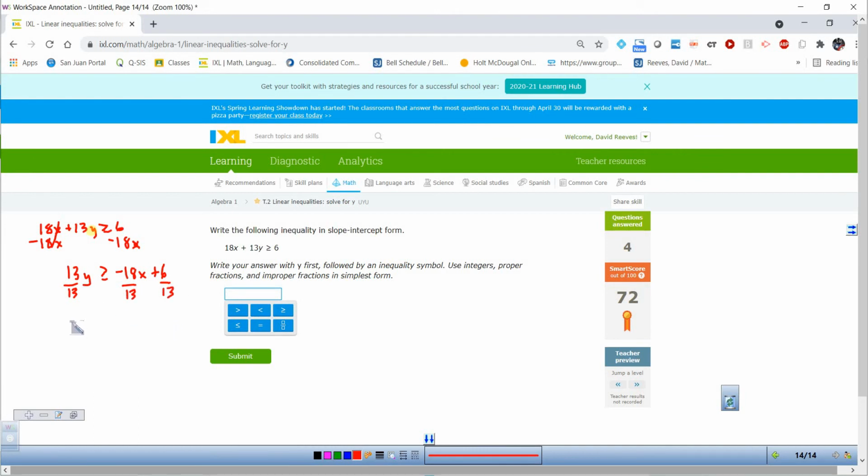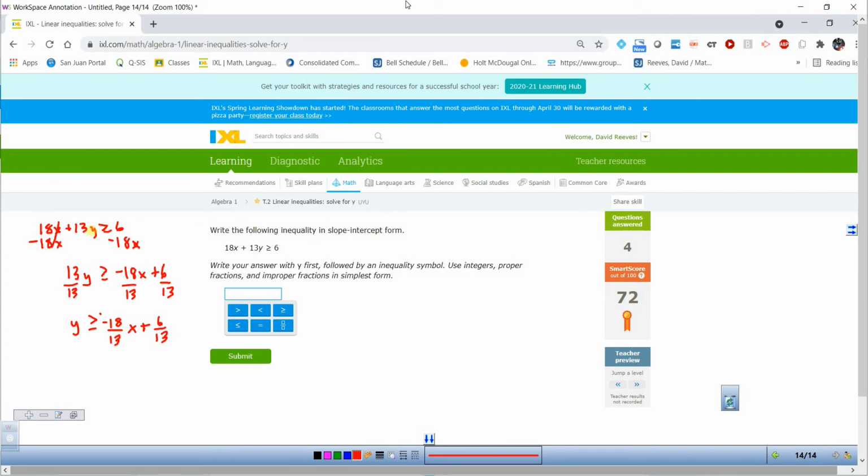These are some not nice coefficients. Oops, I changed it to equals. I divided by a positive, so I'm not reversing the inequality sign. I get negative 18 over 13x plus 6 over 13. These fractions do not simplify.